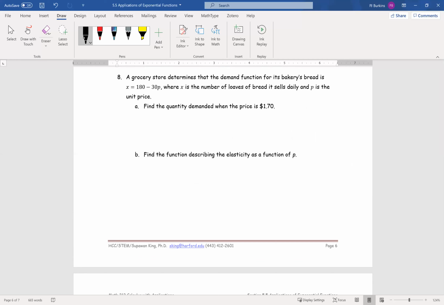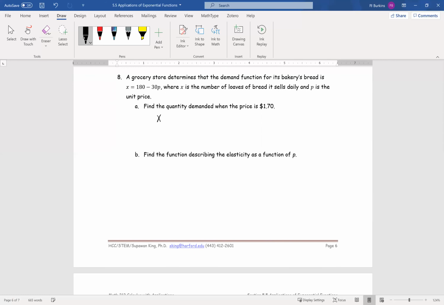A grocery store determines that the demand function for its bakery's bread is this equation, where x is the number of loaves of bread it sells daily, and p is the unit price. Find the quantity demanded when the price is $1.70. Well, that's, again, very simple.